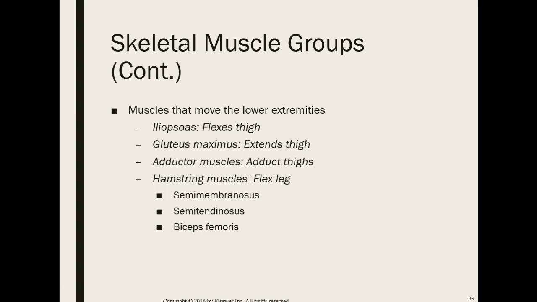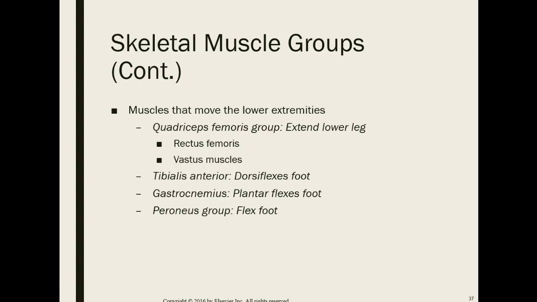Muscles of the lower extremities, the iliopsoas, gluteus maximus, adductor muscles, and then the hamstring muscles, which are composed of the semimembranosus, the semitendinosus, and then the biceps femoris. The quadriceps are responsible for extending the lower leg, and that's the rectus femoris and the vastus muscles.